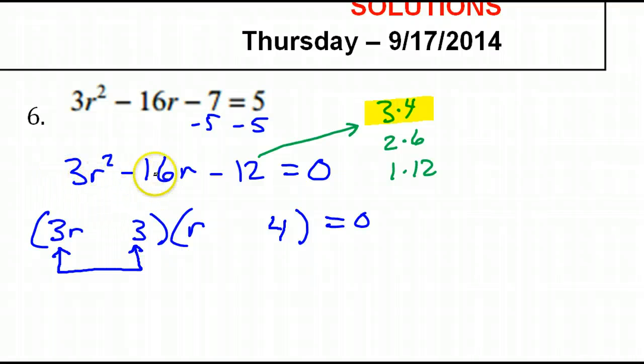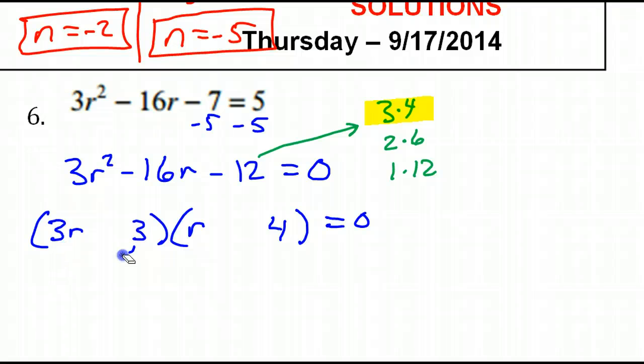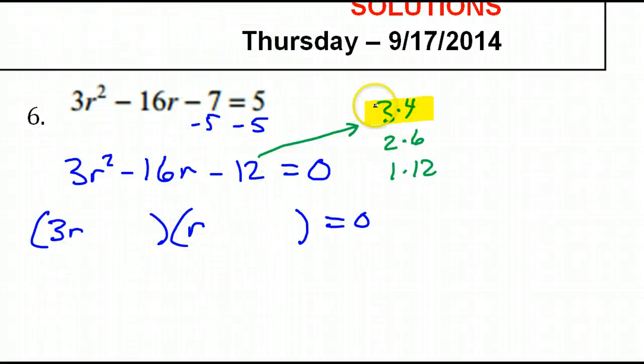If there's no common factor in the original problem, there will be no common factor inside the parentheses either. So save time. Don't waste time putting the 3 here. Okay? If this is going to work at all, it has to be 4 and 3.